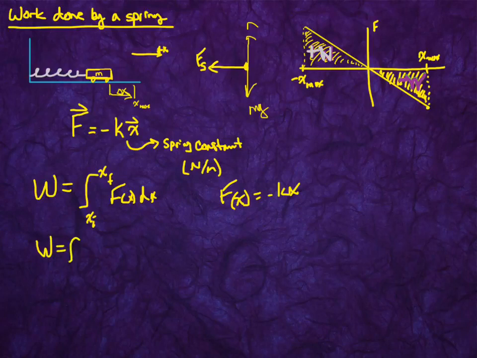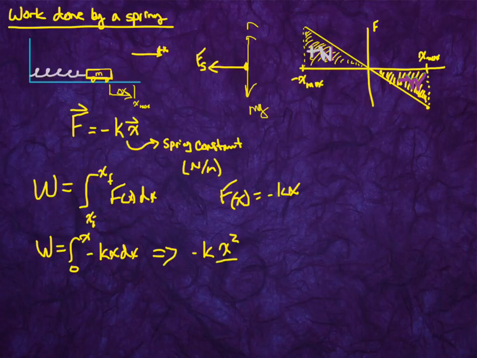Our work is going to equal, if we just go from equilibrium position out to x max, the integral from 0 to whatever that x is of negative kx dx. If we evaluate that, this becomes negative k x squared over 2 from 0 to x.